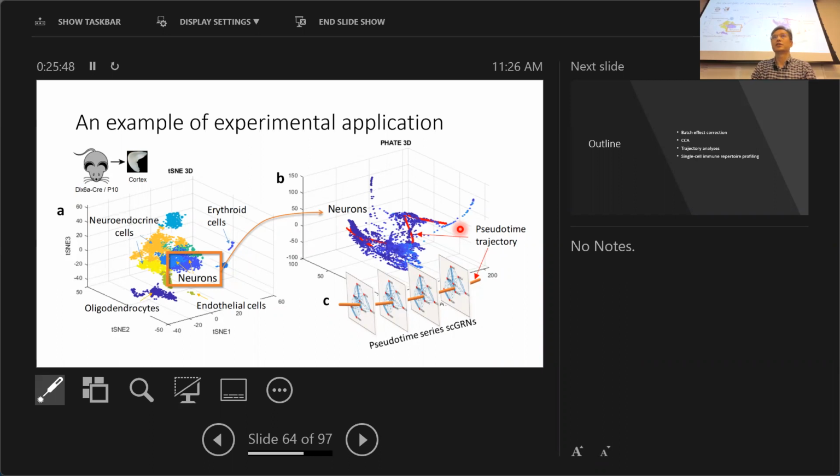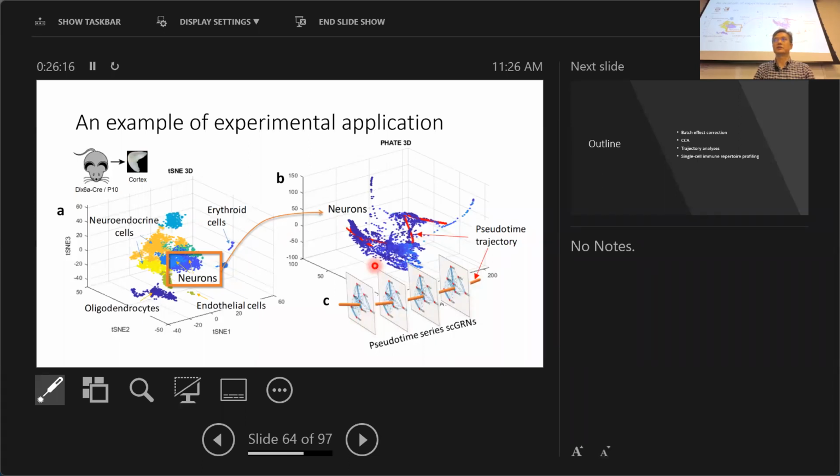So if you believe time is a major component, fine, but here I don't believe time is a major factor contributing to the difference between neurons. I believe it is the anatomic structure of different layers of the brain. So I will say this trajectory is not pseudotime, just a pseudo topology of the cells I collected from the brain.